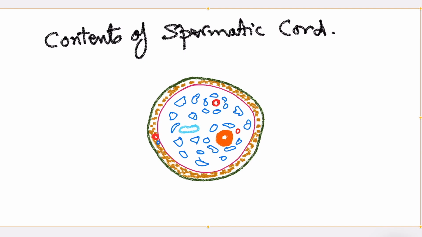Many a times it has also been asked why there is this dilatation of the pampiniform plexus of the veins. This is more importantly asked, like this varicocele being formed: why is it more common on the left side? Simple.